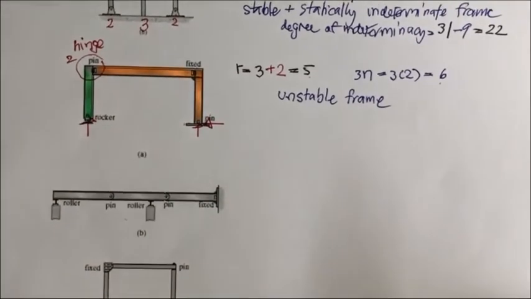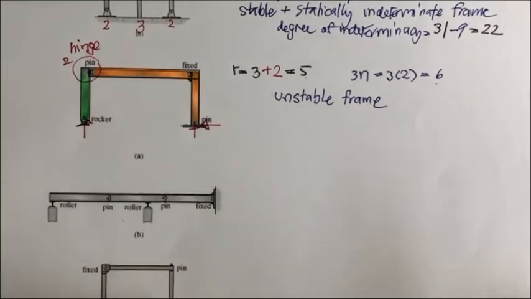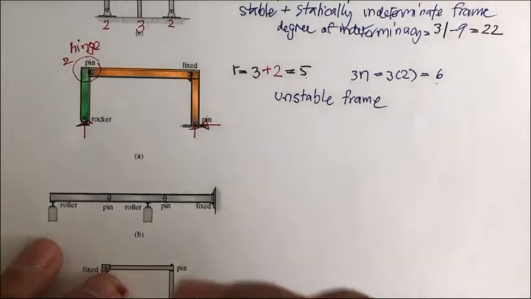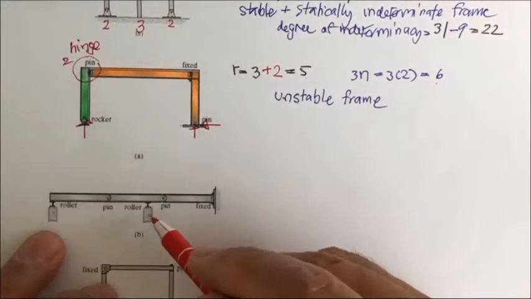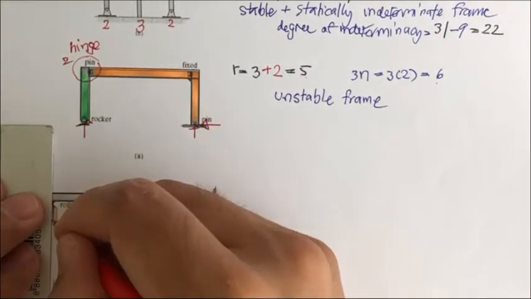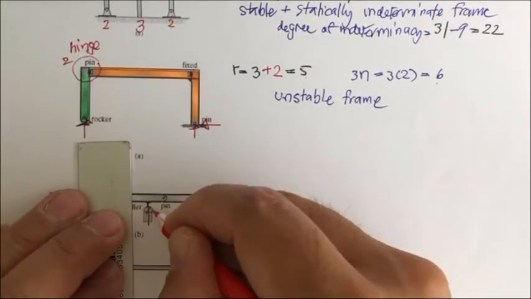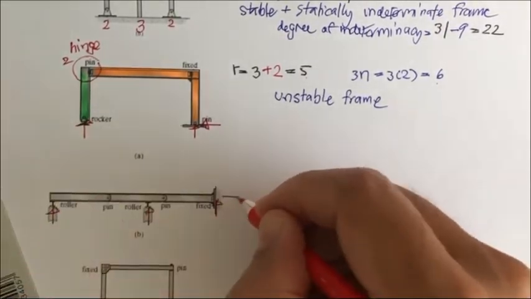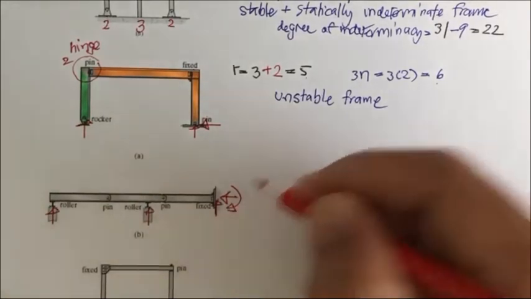Next we have the beam. The beam has supports of roller and fixed. Okay, this is going to produce 1, 2, and 3.